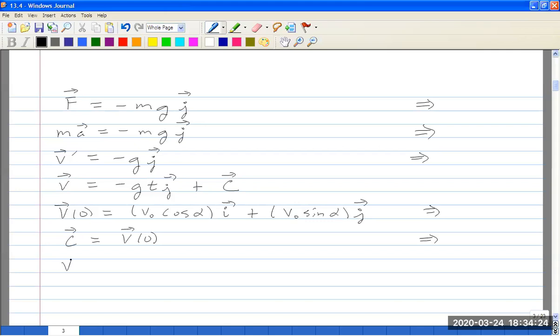And so v is equal to, and maybe I'll write it in a more compact way, v0 cosine alpha, and then v0 sine alpha minus g t.